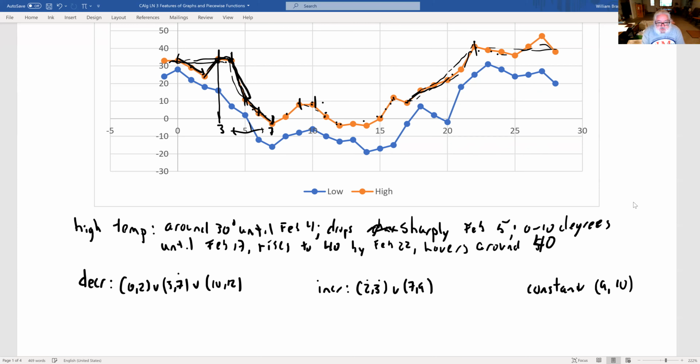And then we have this really tedious little bump. I'm just going to say that it was constant from 12 to 14. And to join separate intervals, you use the union sign. And then from 14 to 16, it increased again.